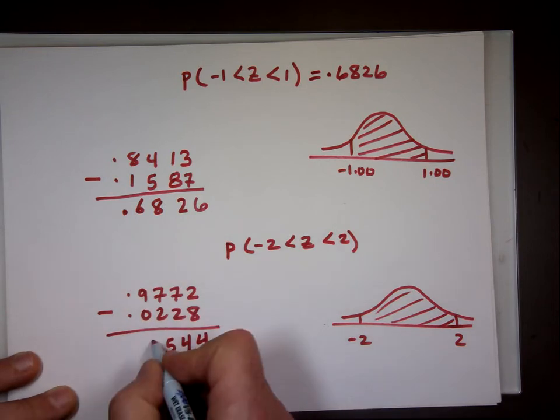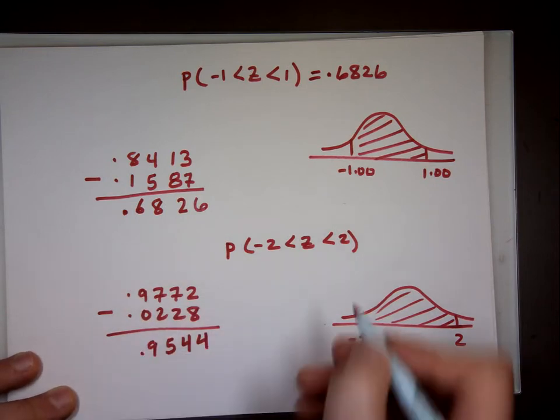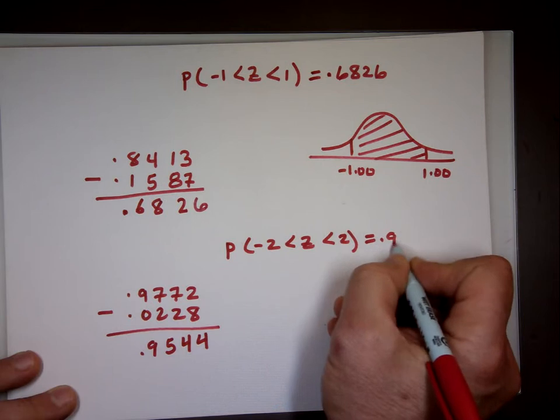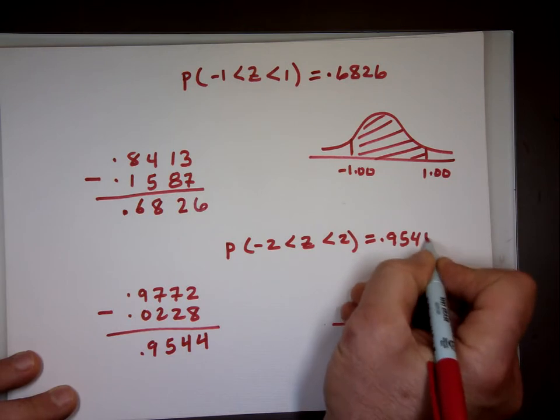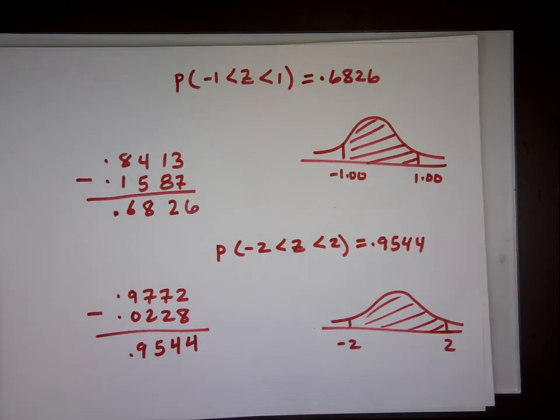Roughly 95%. 95.44% of the values are within 2 standard deviations. We can do 3 standard deviations, which is what? 99.7. Yep. So that's how we came up with the numbers, not just guessing. We use the normal distribution table to get these numbers.